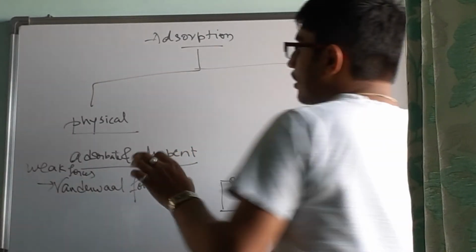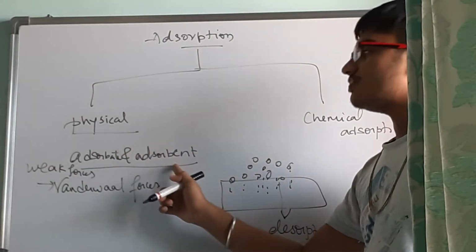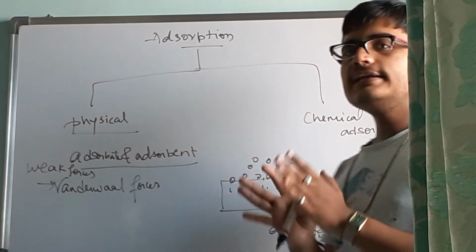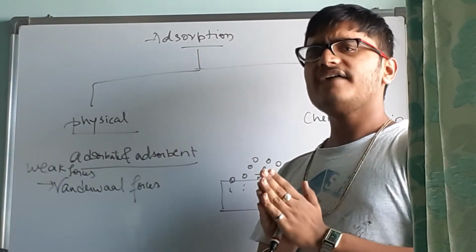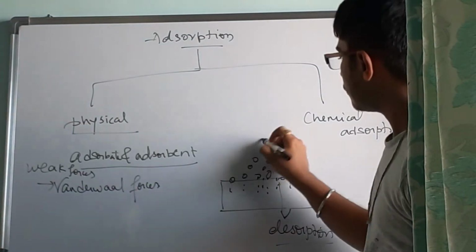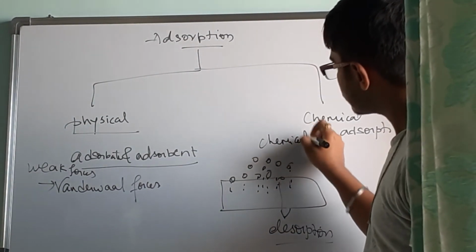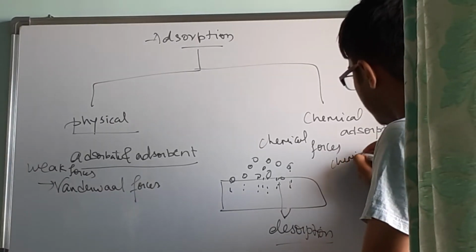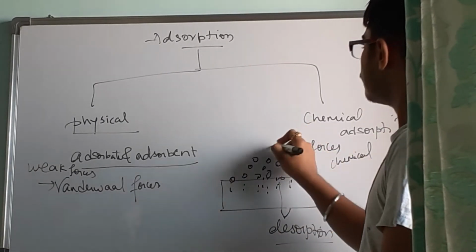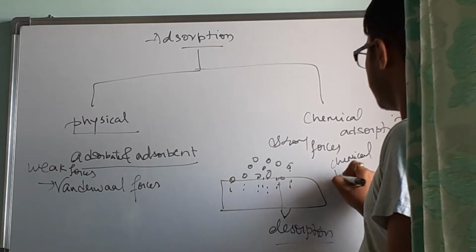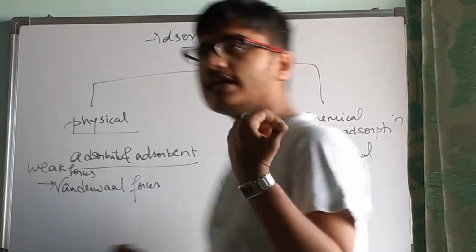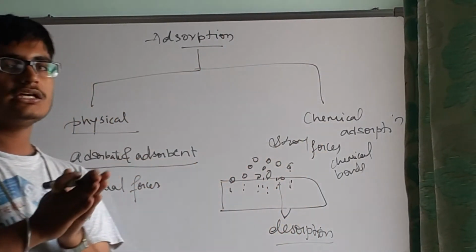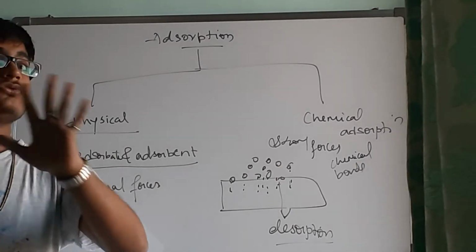If the adsorbate and adsorbent have very strong forces of adsorption, generally chemical forces, binded together by chemical bonds, you can say strong forces generally known as chemical bonds. But remember, in chemical adsorption they are binded together with some chemical bond, but there is no chemical reaction.